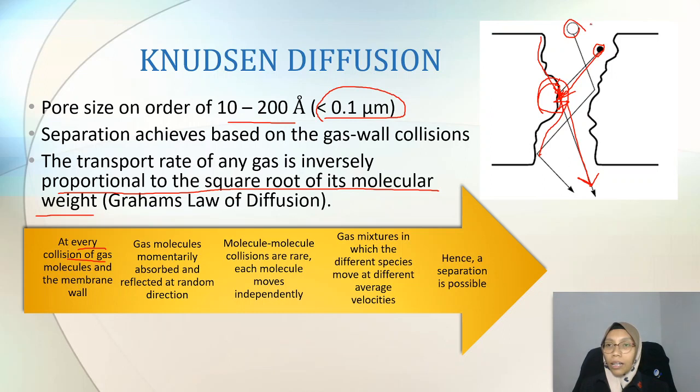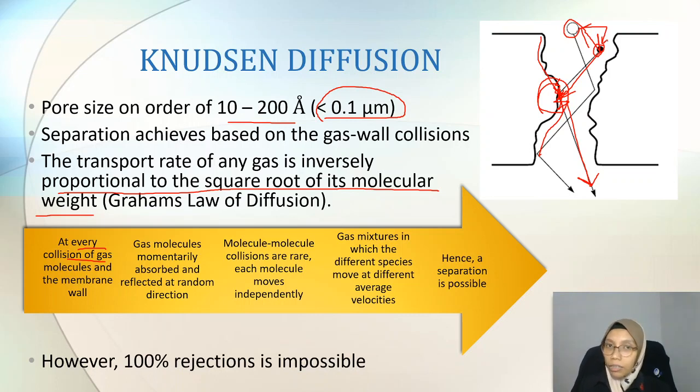However, collisions between the gases are rare, because these gases move independently. Since in the gas mixture these two gas molecules have different sizes, because they are different species, of course, the average velocity of each molecule is different. So that's why the separation can occur.